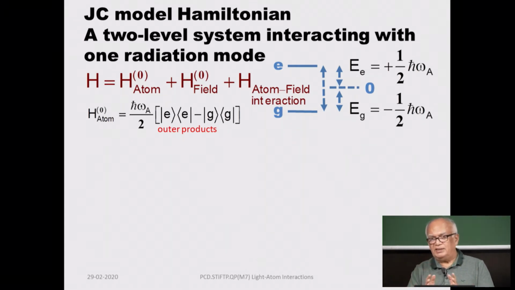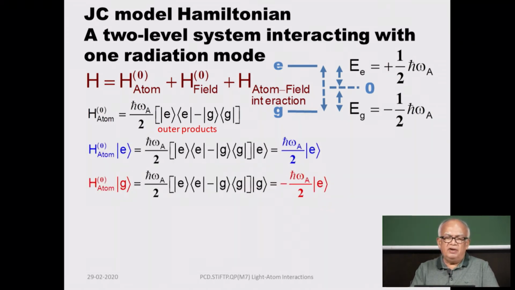Okay, so, there is only the excited state and the ground state, and the ket-bra operator, the difference between the ket-bra for the excited state and the ground state describes the atomic Hamiltonian, as you can see very easily, because when this Hamiltonian operates on the excited state, which is orthogonal to the ground state, this term will give you 0 and over here it will give you 1, giving you an eigenvalue equation with energy h cross omega by 2, right.